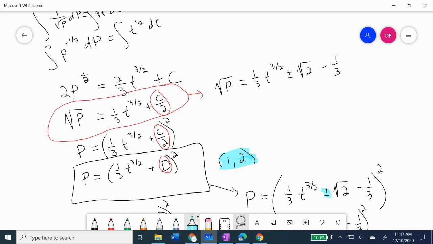I'm going to highlight this is what's under question. This is the point that's going to determine what makes a true statement. The p-value is 2, so I plug that in. The t-value is 1, I plug that in.